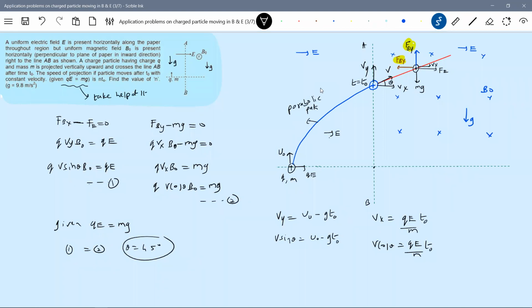Theta equal 45 degrees; if theta were 30, we could have done it differently. So theta equal to 45 degrees. Therefore, equating these two, g t naught equal to qE/m t naught. qE/m will become equal to g.